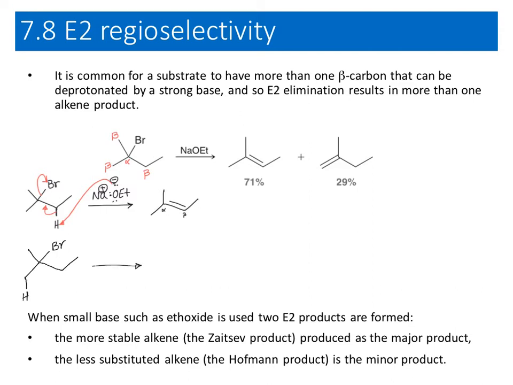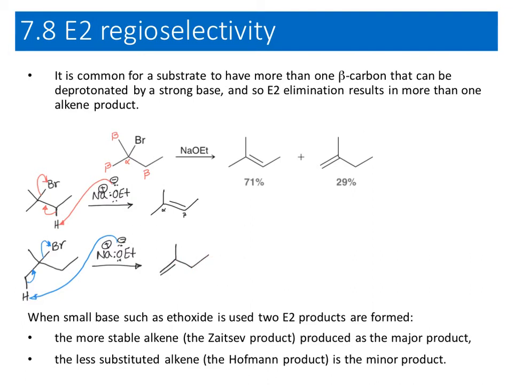So again, the base abstracts the beta proton, forms a double bond and kicks off the leaving group. So we are going to get this product. Now in this product, we only have 2 substituents on this carbon.